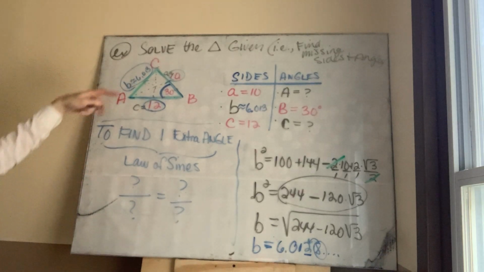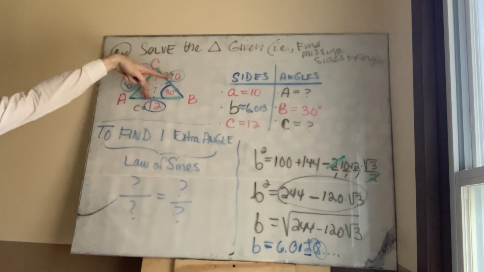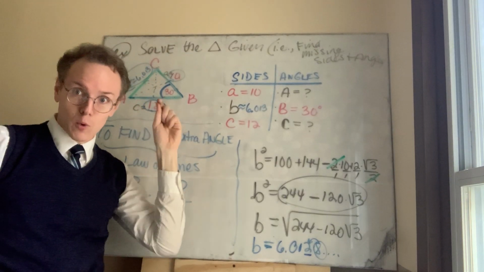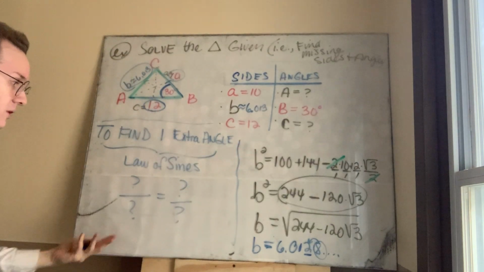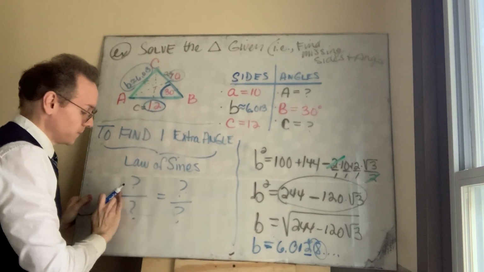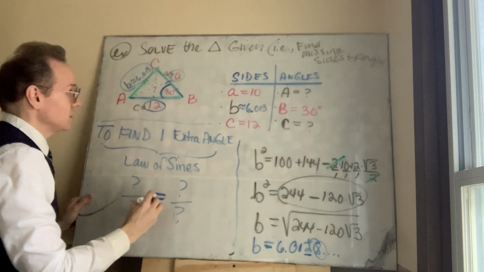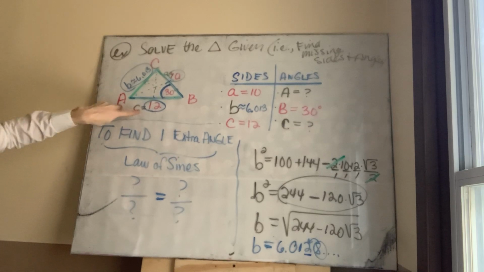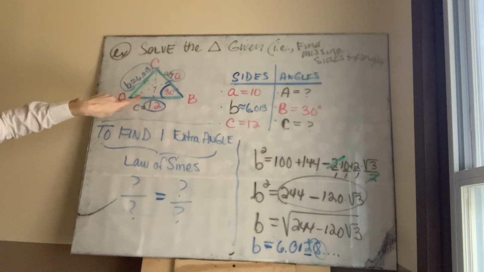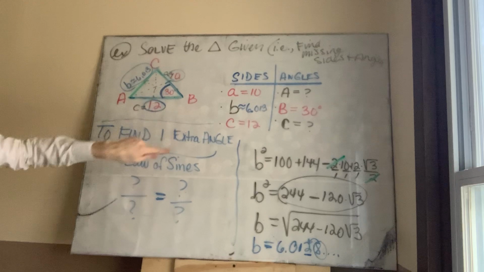I would stick with the things that are given as they are presumably exact, and you'll get a better answer if you do that. So let's see. I have no a value here, but I have a dimension here.